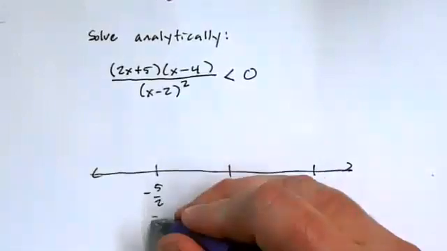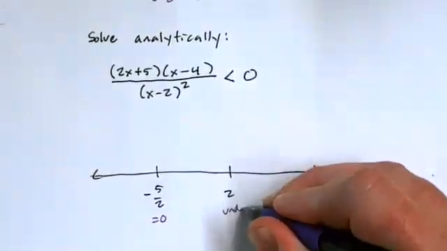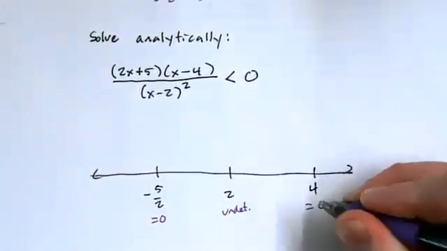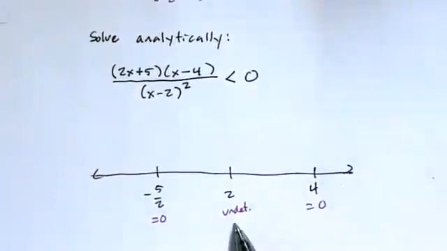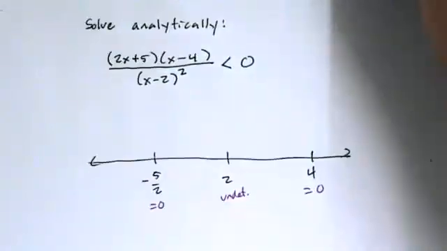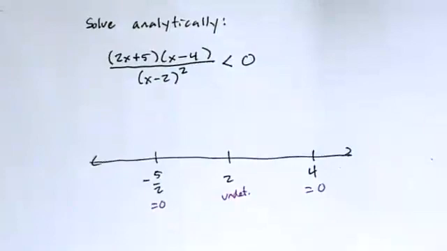And again, I'm going to write equals 0, undefined, and equals 0. I find if I don't write this undefined thing, I end up including it when I should not. That's why I do that, and I try and do it early in the problem so I don't forget. That's been a common mistake for me anyways.